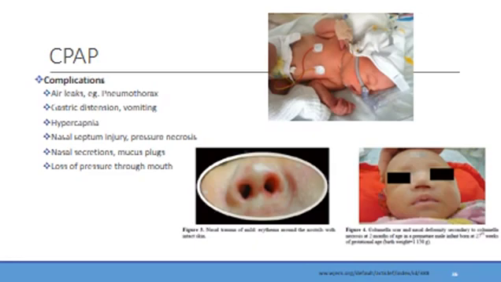And then something that we see too often is nasal septum injury due to pressure necrosis, due to the tight fitting nasal mask on the baby's nose. Nasal secretions or mucus plugs can form, and then there might also be a loss of pressure if the baby lies with the mouth open. So it's always important to evaluate a baby closely for any of these related complications.